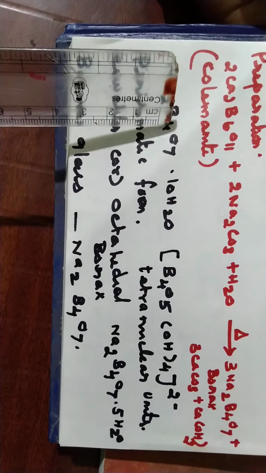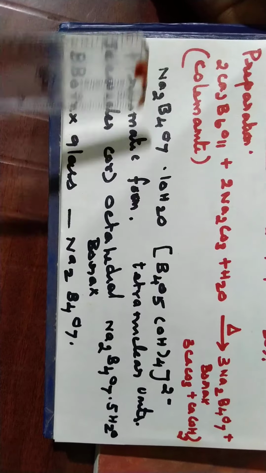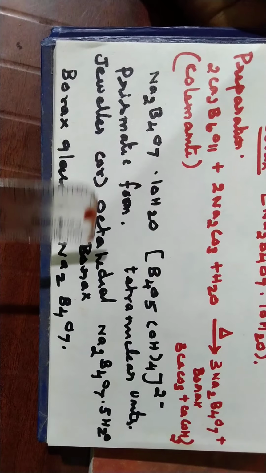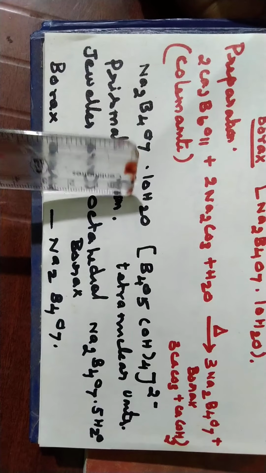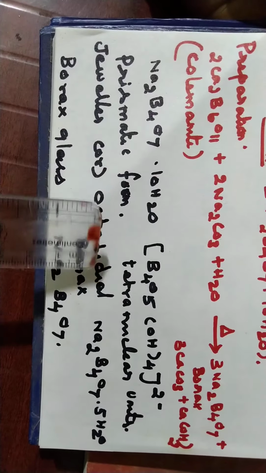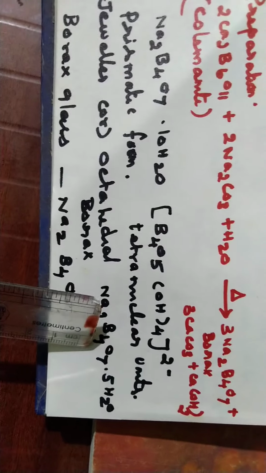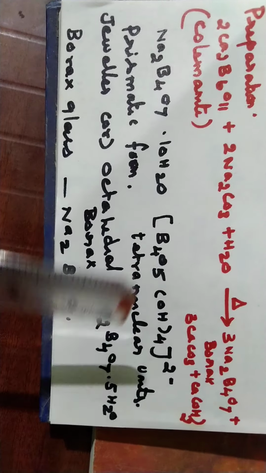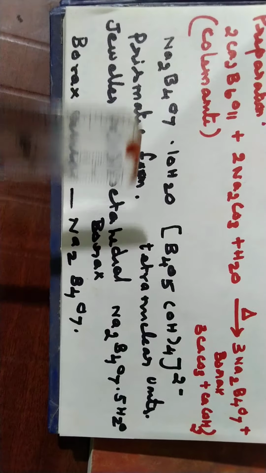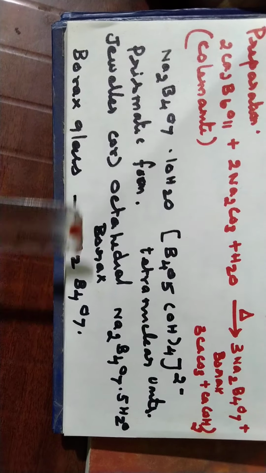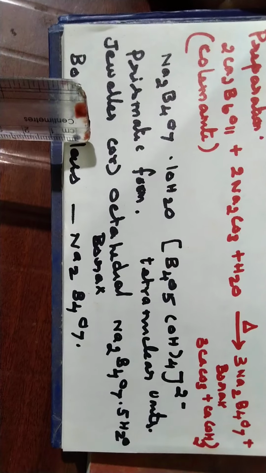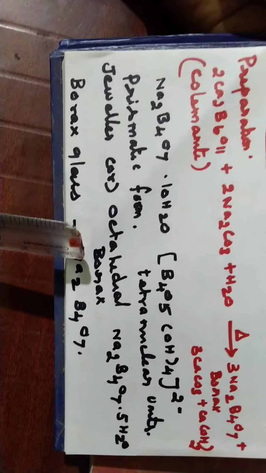Remember the difference between the prismatic form and jeweler's borax: the prismatic form has 10 water molecules, whereas octahedral or jeweler's borax contains only 5 water molecules. At the same time, anhydrous borax is called borax glass, with formula Na2B4O7.